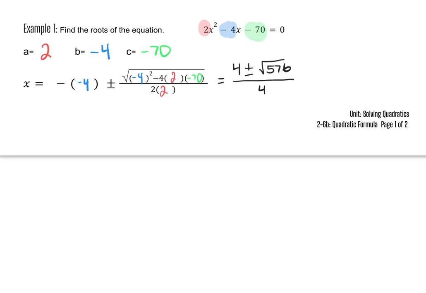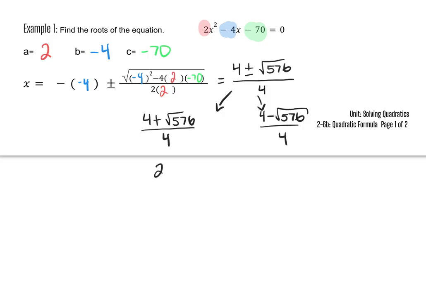So now this is going to create two equations. Because I have that plus minus, I want to separate the plus and the minus into two independent problems so that I can simplify. Everything stays the same, but now I have a plus equation and a minus equation. Now I'm going to simplify using my calculator.